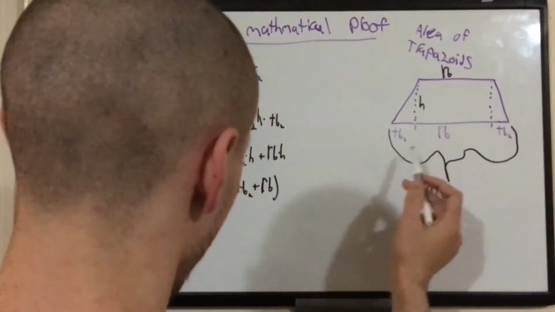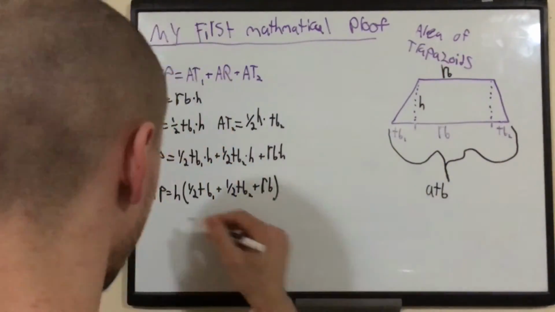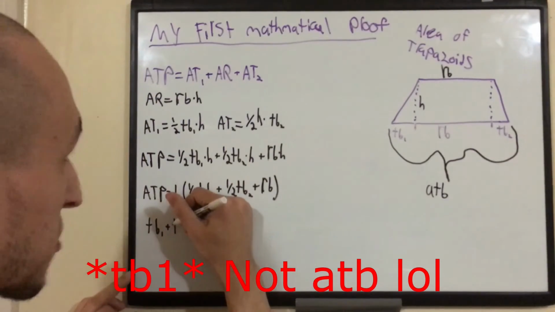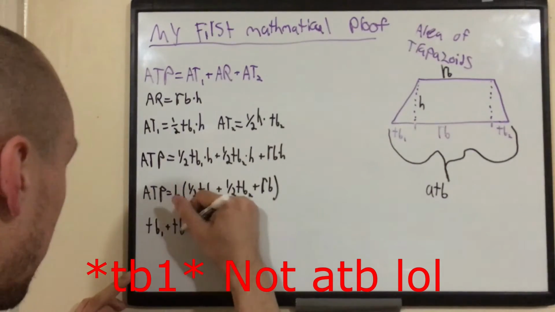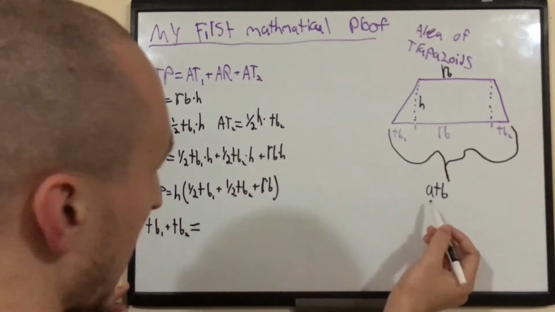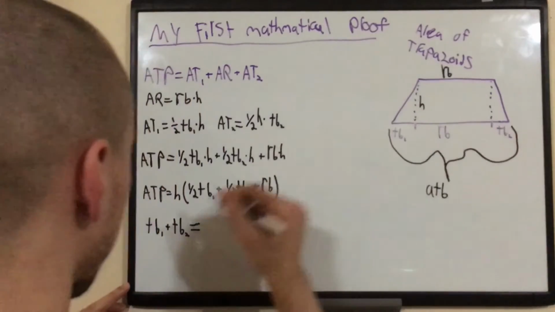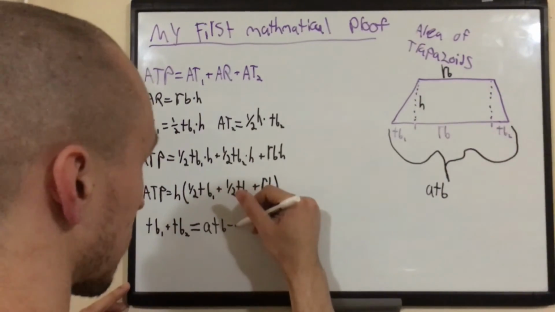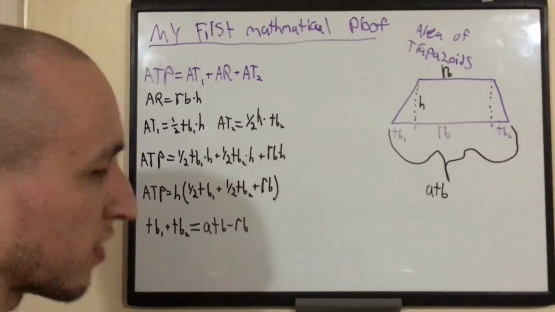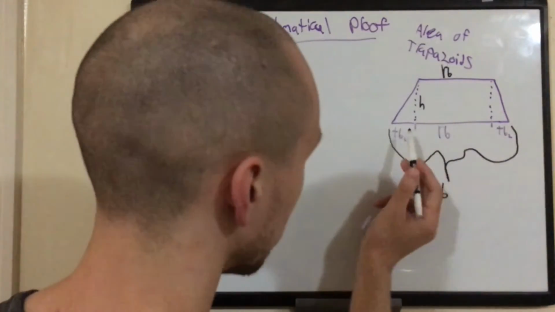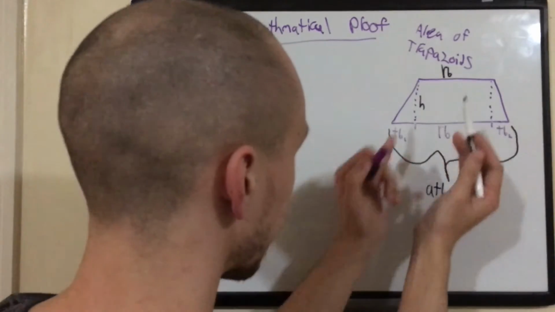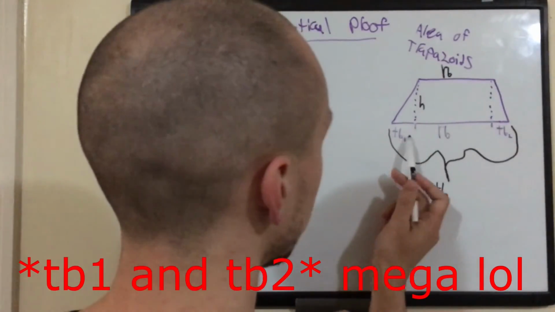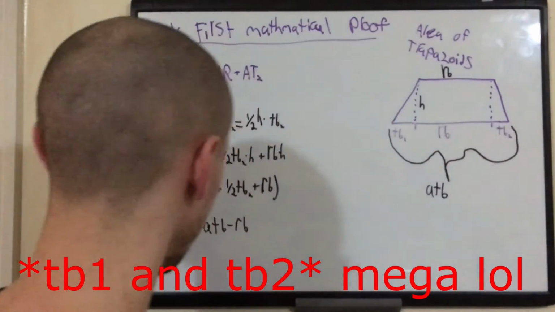What I'm going to do now is I'm going to say TB1 plus TB2 equals ATB minus RB. ATB minus RB. The reason why I'm saying this, you can see pretty clearly, right? This includes everything. So if you get rid of the RB, what do you have left? You have TB1 and you have TB2, okay?